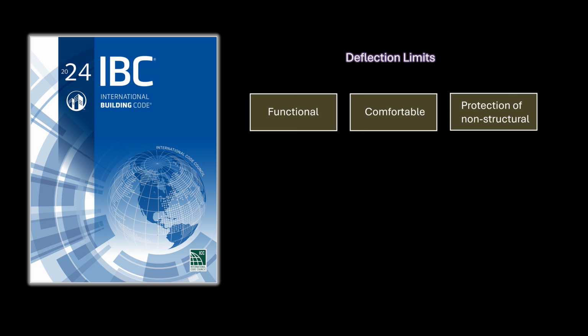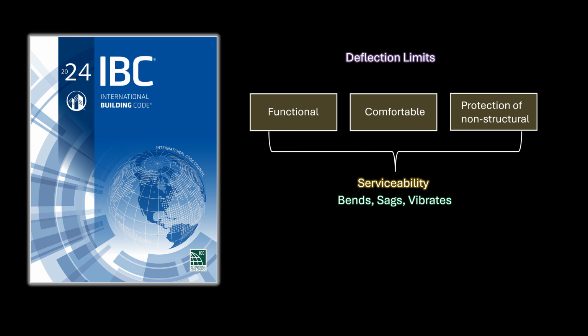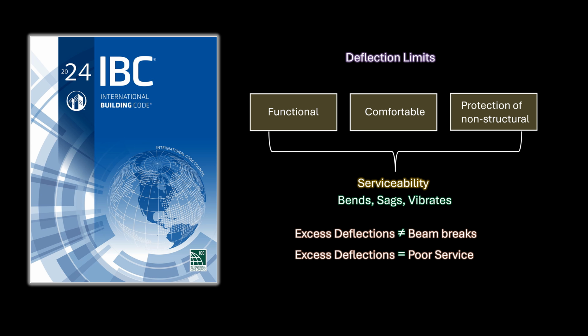This is why deflection is referred to as a serviceability concern rather than a safety issue. It's about how the structure behaves, how much it bends, sags, or vibrates under typical, expected loads and not hypothetical extreme conditions. Excessive deflection does not mean the beam will break. Rather, it means that the building might not serve its intended purpose well.